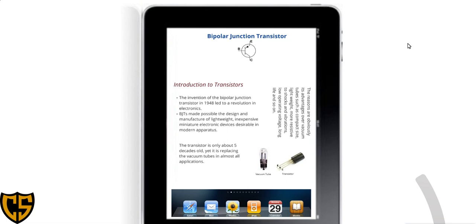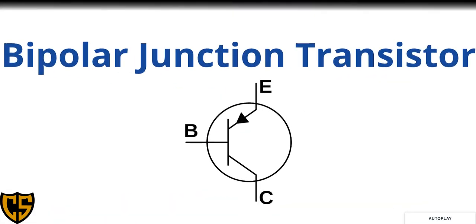We have to go back and take a glimpse again of what a bipolar junction transistor is. Its schematic symbol: you should be able to recognize the symbol of the BJT in a circuit, so that when you see it, you know that it is a transistor.